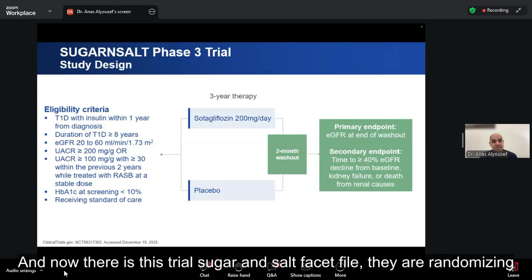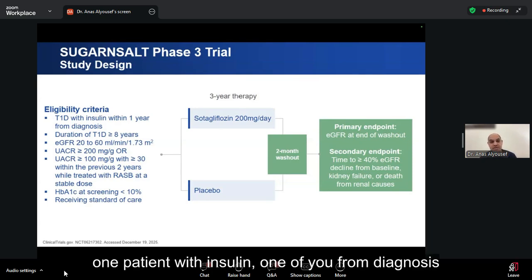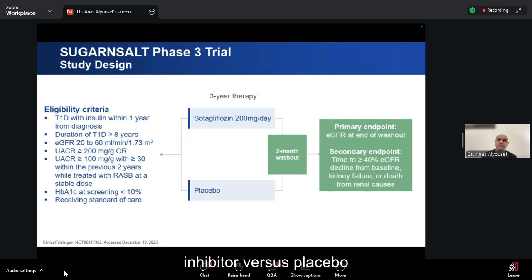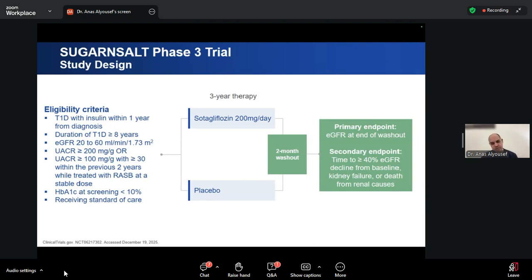And now there is this trial, the SUGARNSALT phase 3 trial. They are randomizing type 1 patients on insulin within 1 year from diagnosis to sotagliflozin, which is an SGLT1 and 2 inhibitor, versus placebo. This is supposed to run for 3 years, so we will probably see the results by 2030.